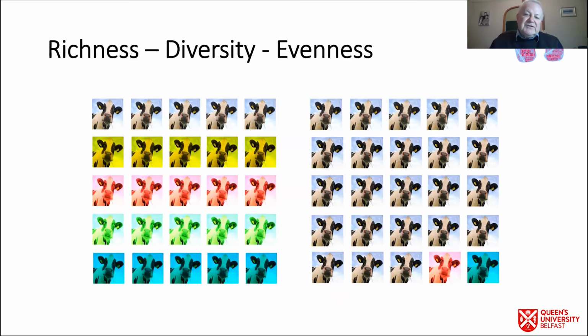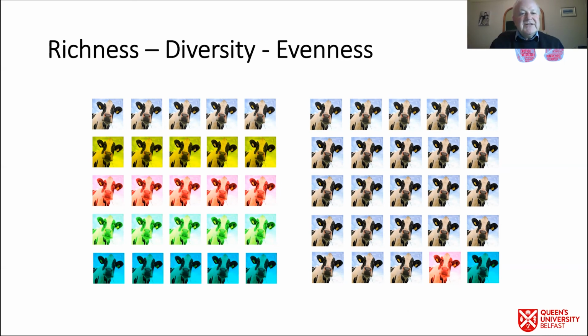This is just graphically illustrated in this slide where I've used cows rather than bacteria. I come from Ireland, which is a very rural community, and we have a lot of cows. The panel on the right demonstrates a niche where there is richness. There are 5 different species or 5 colors of cows.